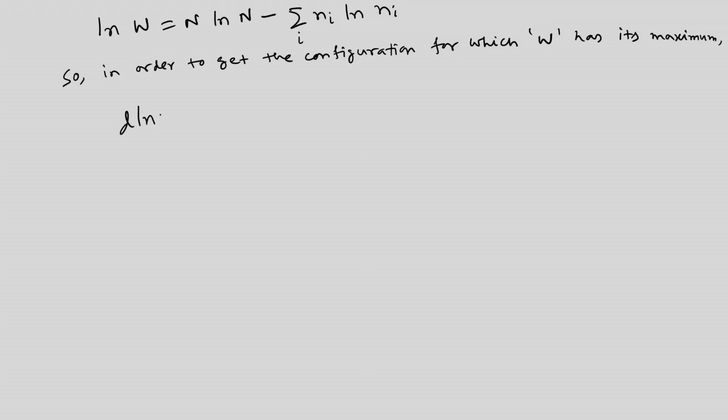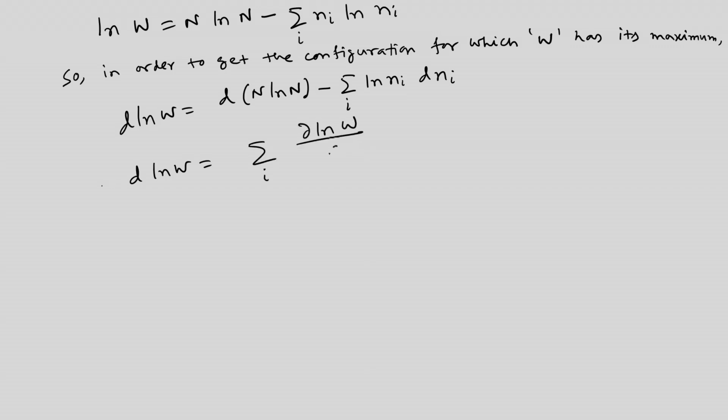We need to do differentiation. If we do differentiation, we get this. Or we can write d ln W is sum over i del ln W by del n_i times dn_i.